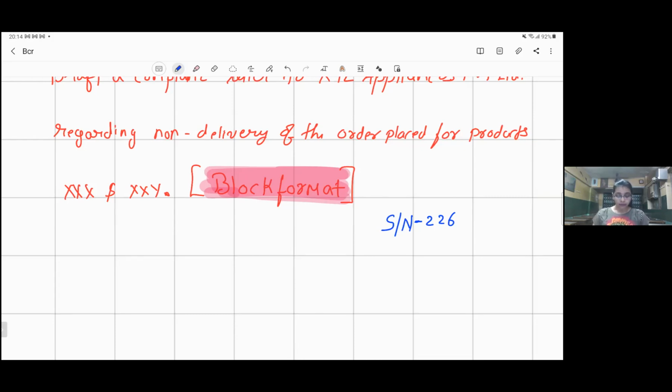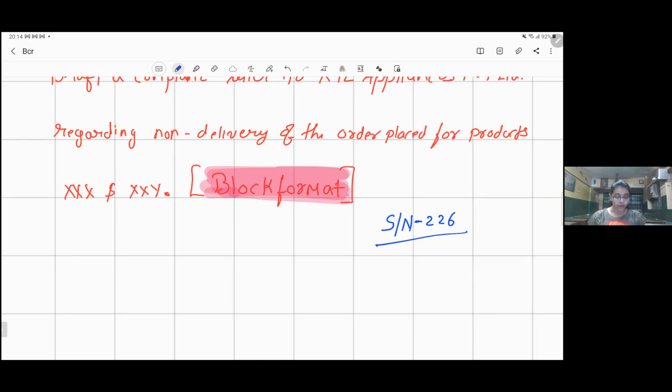First paragraph, this is with reference to order number. The order number that you all have written, just write it down again.